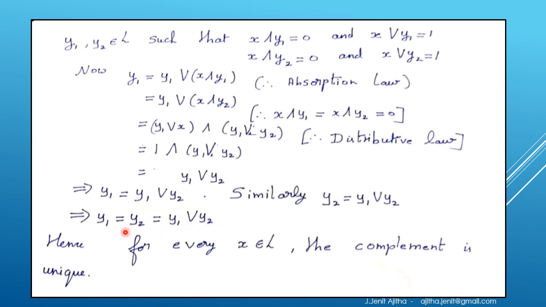So if you take 2 complements, then we get the result that both the complements are equal or the same. Hence, for every element x in L, the complement is unique.